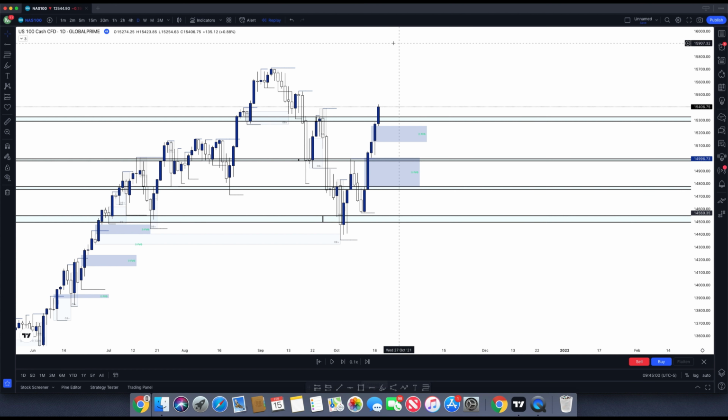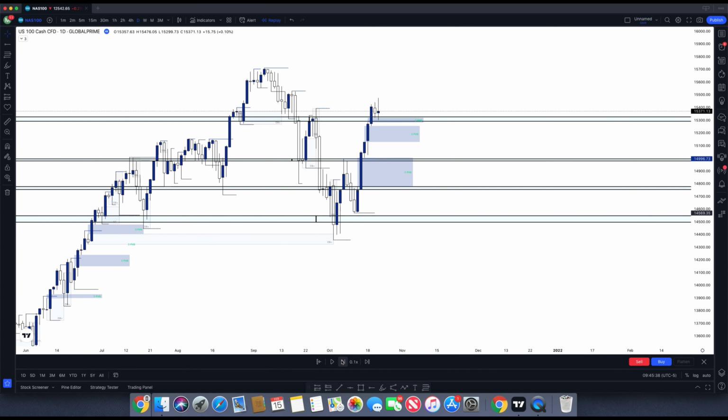Now, the market is coming back towards a sell area, so it can possibly sell off from this point here. I see that it's taking out some buy-side liquidity, but I want to see the next candle sell.